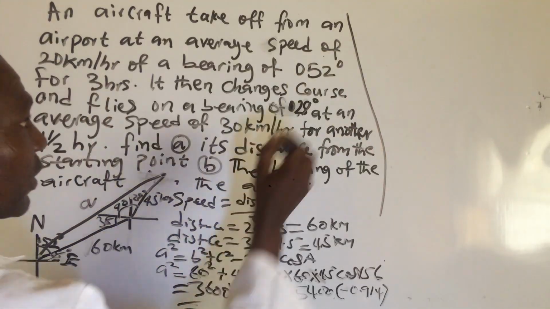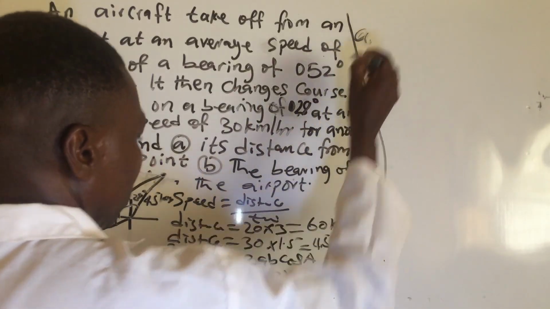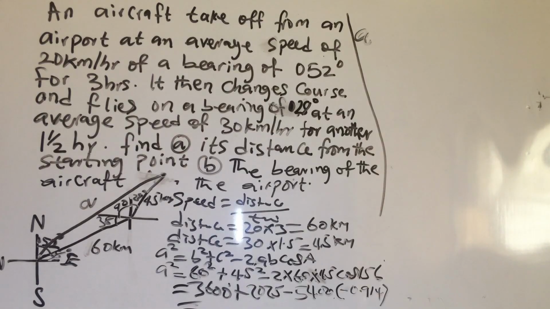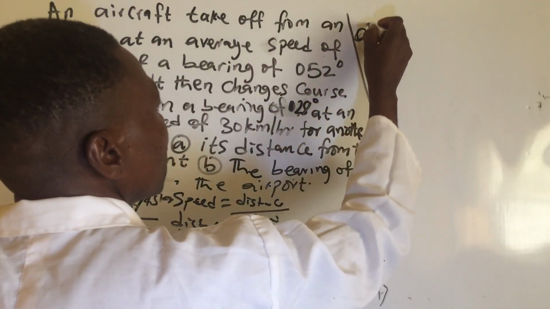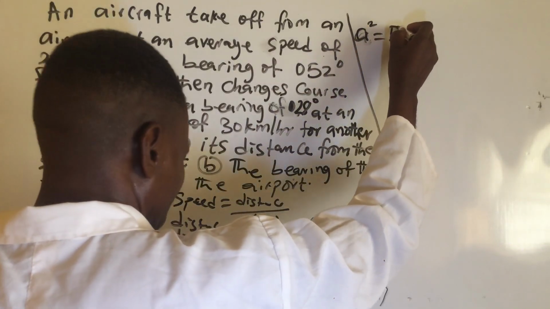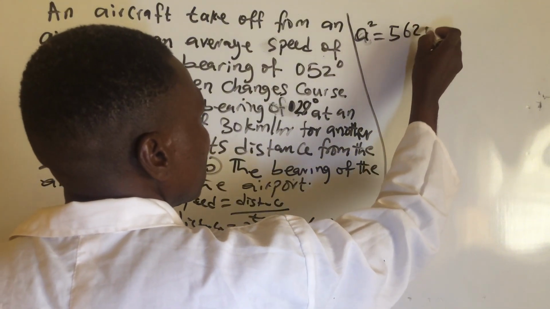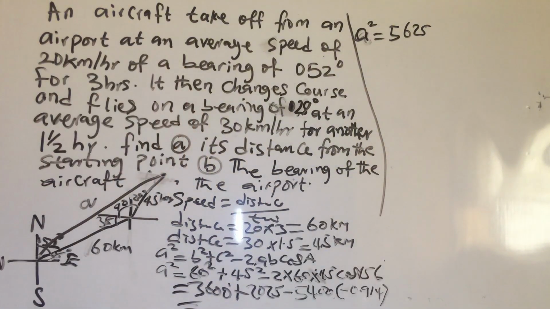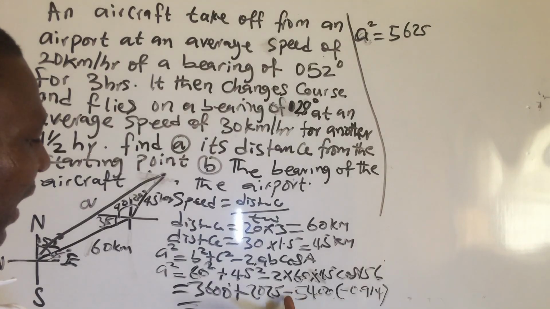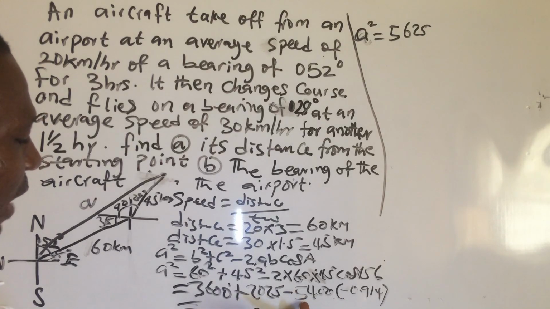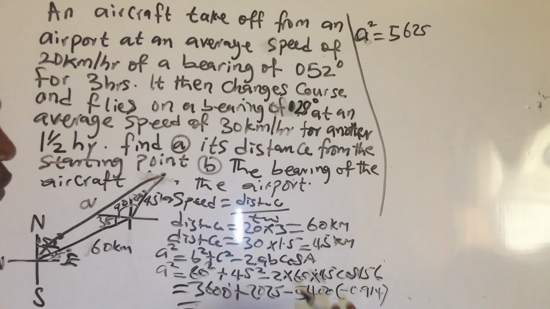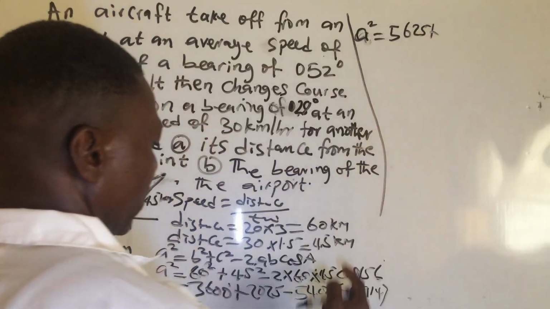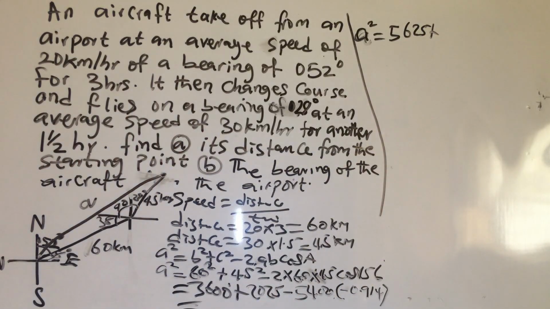Remember we have a square. So a square will give us 5,625, and we now say minus 5,400 times minus 0.914 will now give us plus. Minus times minus will give us plus.